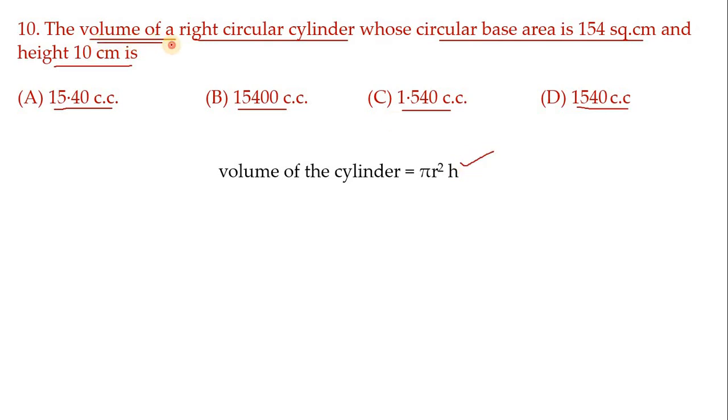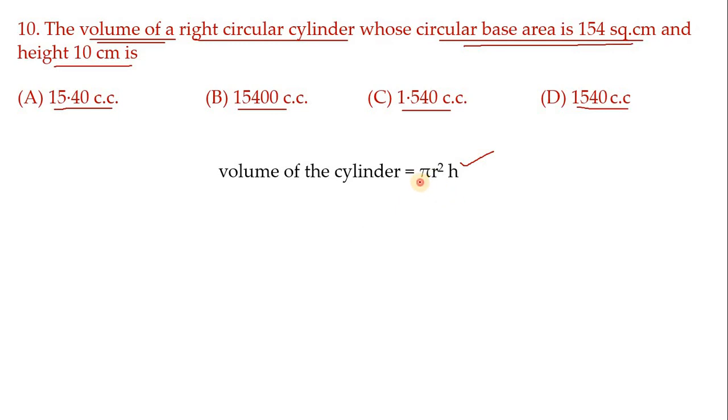In the last two problems I think we found surface area. In this problem we are going to find volume, children, not area. Take the volume of cylinder formula, substitute the given values. Circular base area is given, means pi r square value is given. The base in a cylinder is in the form of a circle, so they have given the area of the circle.